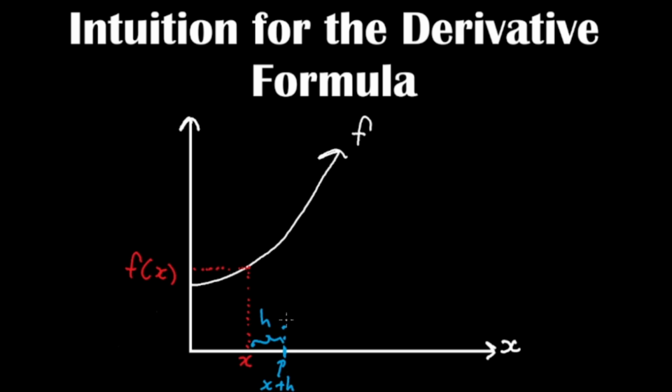So if we come up to the function at x plus h, the function value at x plus h is just f of x plus h. You just take the function, you take f of x plus h.